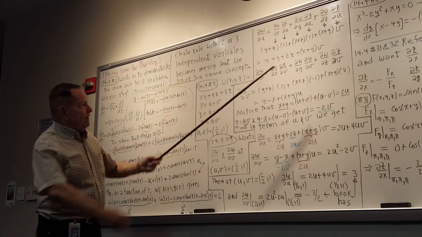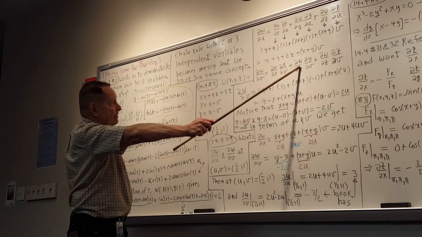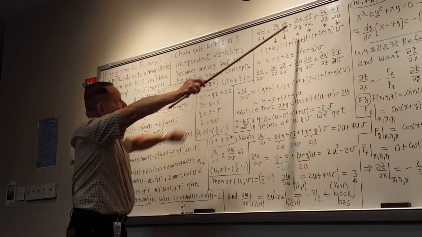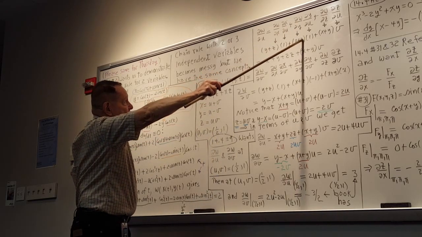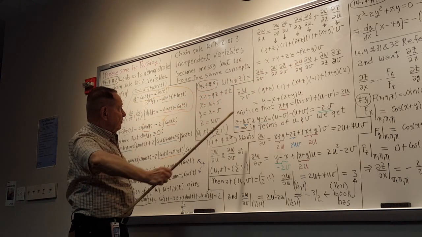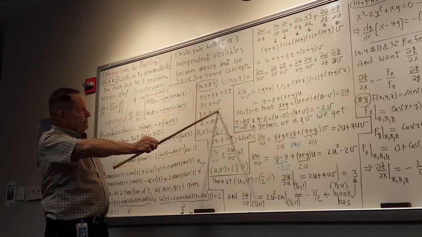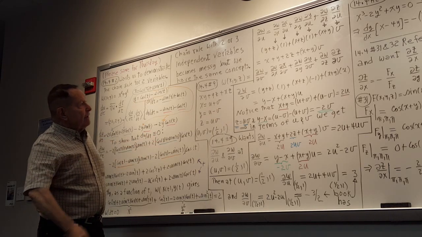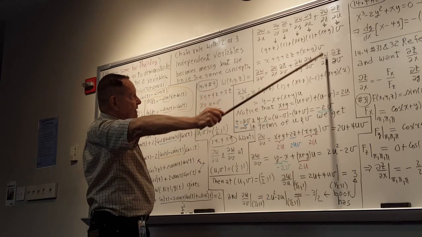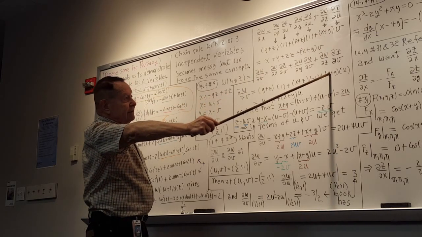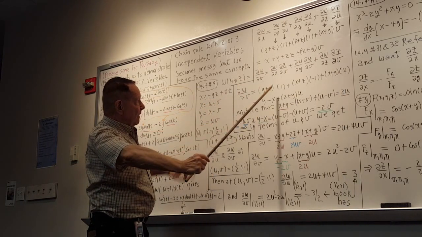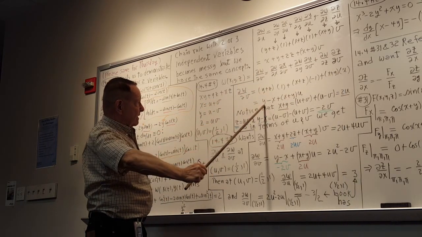Then I'd have my partial of W with Y. So that would be the same as it was here, the X plus Z. And then the partial of Y with V, you know, this is minus 1. And then my partial of W with Z again would be the X plus Y. And then partial of Z with V would be U. And then I collect these and I get this.